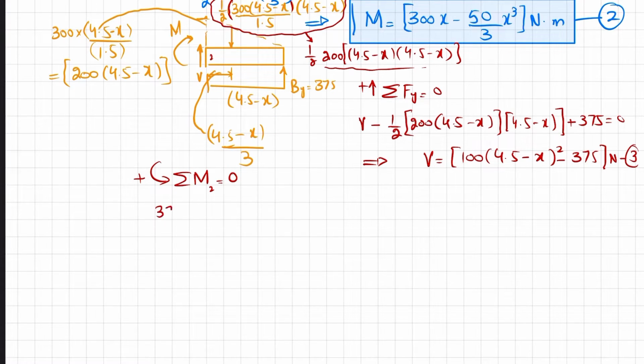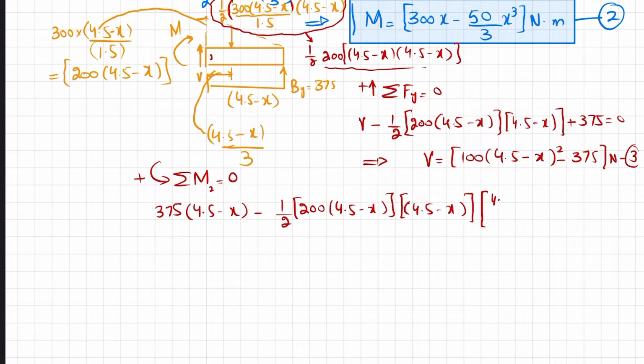So 375 into perpendicular distance 4.5 minus x, minus 1 over 2 into 200 into 4.5 minus x into 4.5 minus x, and the perpendicular distance is 4.5 minus x divided by 3, and there is an external moment clockwise. Their sum must be equal to 0.